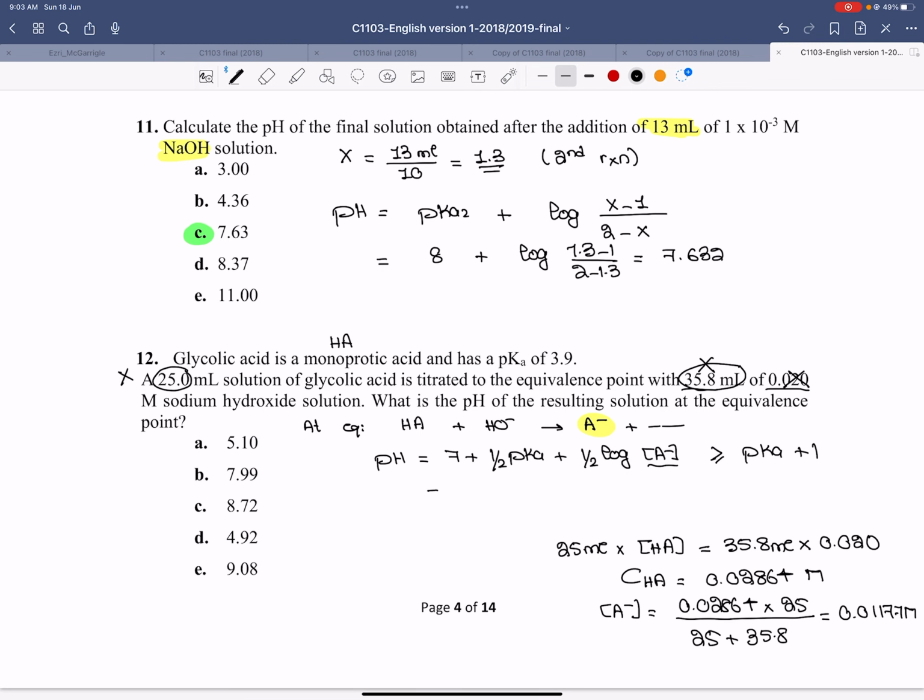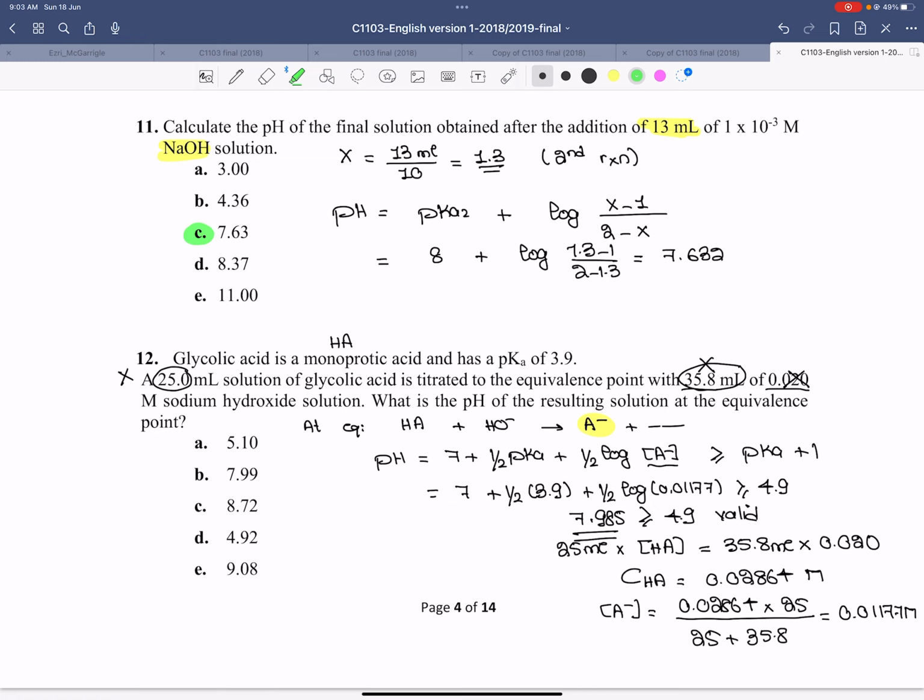Then you go back: 7 plus half pKa, which is 3.9, plus half log 0.01171. Is it greater or equal than 4.9? This will be a value of 7.985. It is greater than 4.9. This is valid. This is my pH.